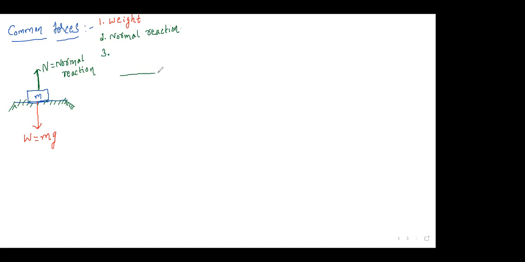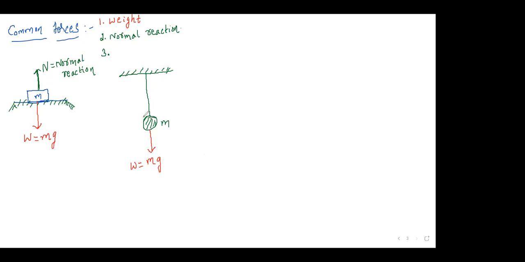Let me tell what the third one is. Now, I'm going to consider one rigid support here. From this rigid support, I'm going to suspend one thread. The other end of the thread is connected to some bob having mass m. No doubt, the weight acts downward, that is nothing but mg. But students, here the normal reaction will not come into the picture. Why?